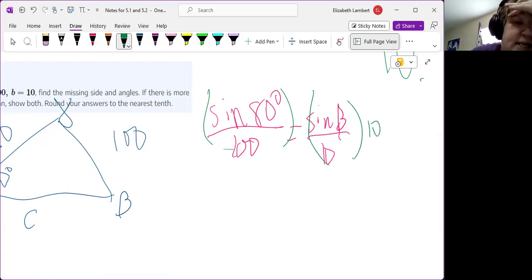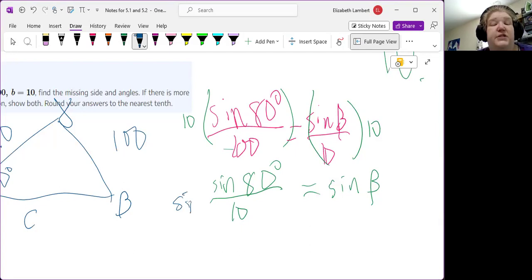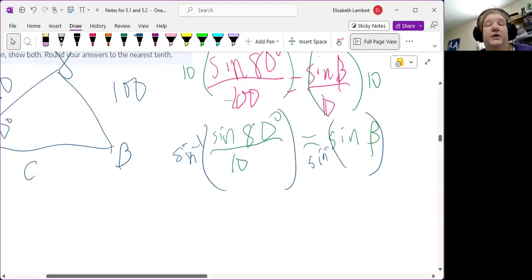But I write it on one side, I write it on the other. That's the sine of 80 over 10 because 10 goes into 100 ten times. So this is now what we're going to apply the sine inverse to. And we're going to see what we get.